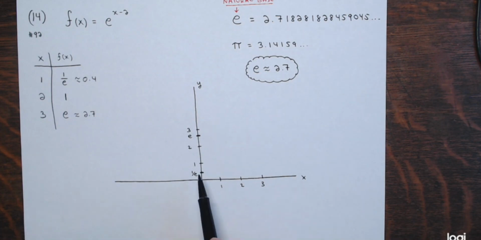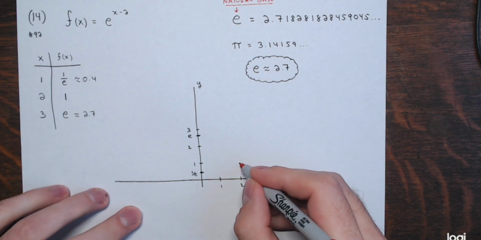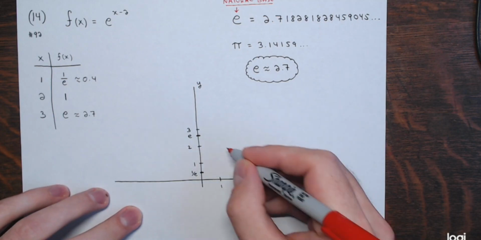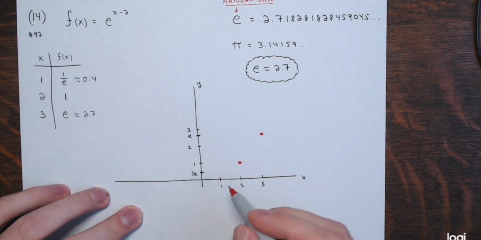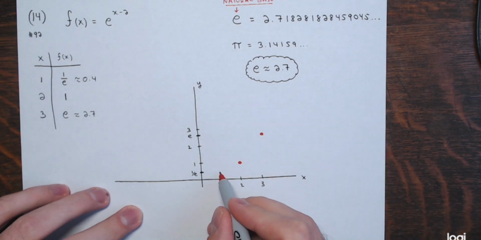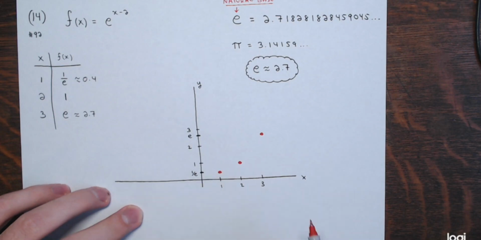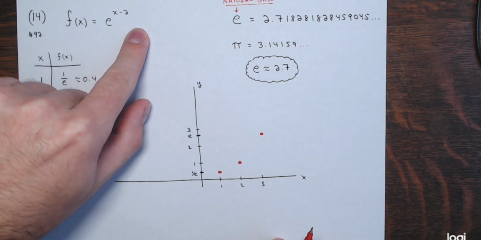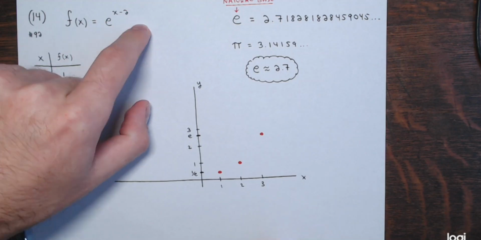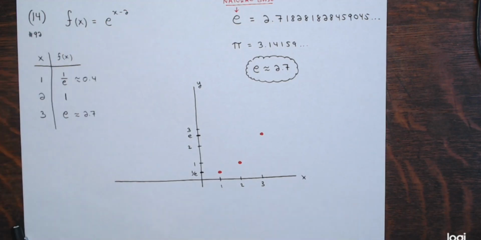So I've got those values here, and then I plot them. 2, 1, 3, e, 1 over e. And then notice again, there is no number added or subtracted after the exponential function, so the horizontal asymptote will be the x-axis.